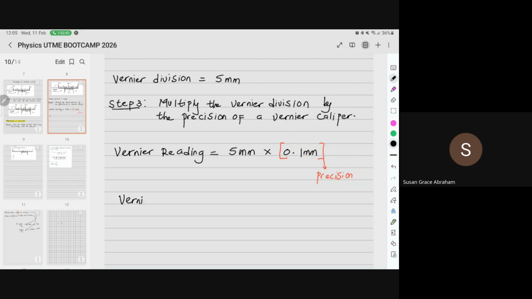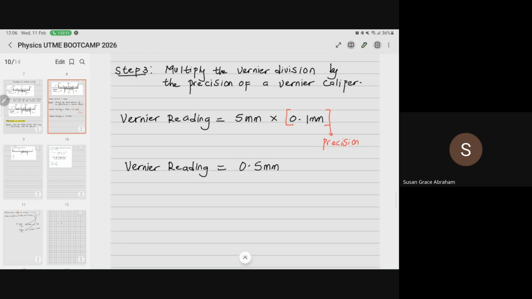So vernier reading is equal to 5 times 0.1. That will give us 0.5. So I'm going to have 0.5 millimeter.